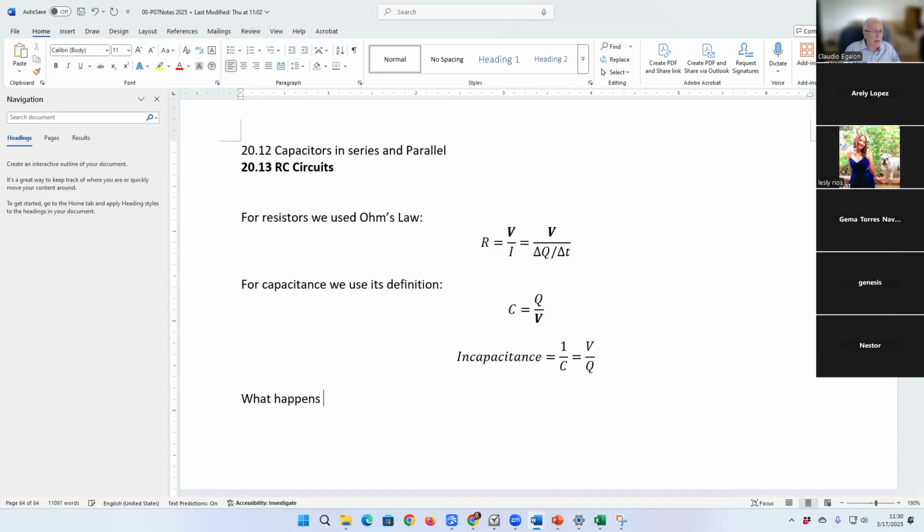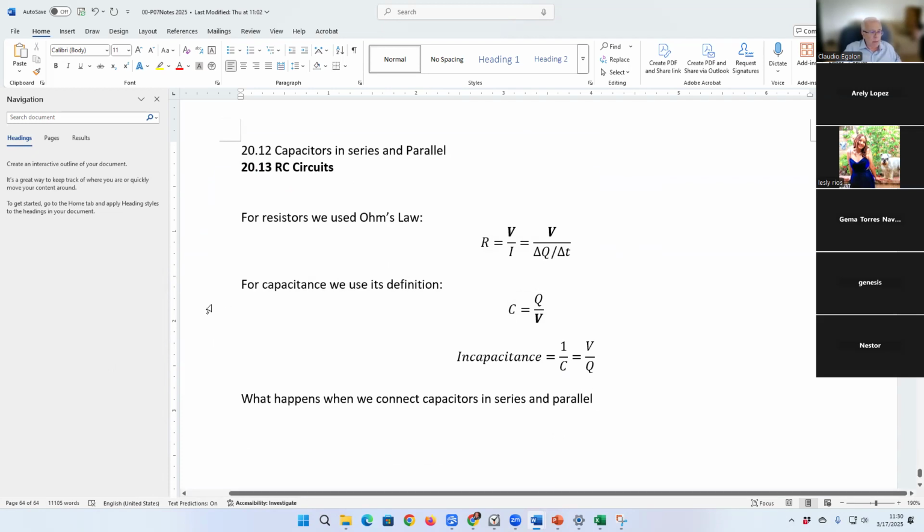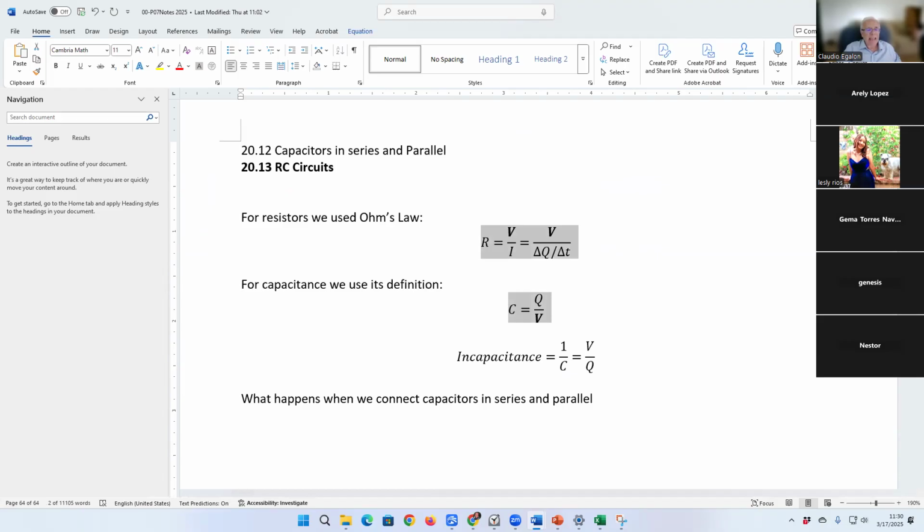We can now start asking, all right, what happens when we connect capacitors in series and parallel? Okay, the fact that we have those two relations here already gives us a hint what's going to be the equivalent capacitance of capacitors connected in series, and similarly for capacitors connected in parallel.